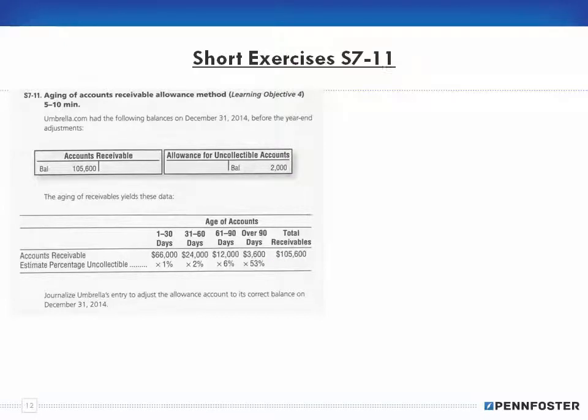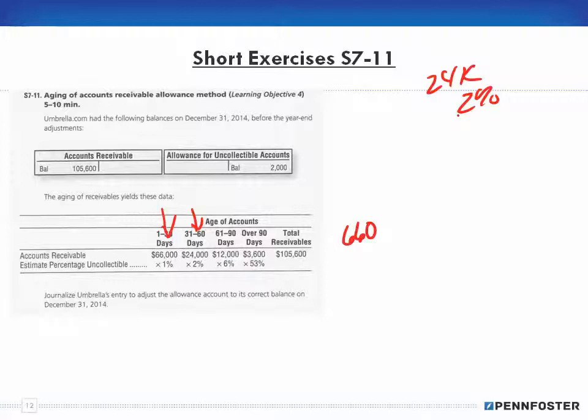All right, so we're going to take our 1 to 30 days, which is 66,000 at 1%. So 66,000 times 1% is $660. I am going to just list these over here and do the math. Then for the 31 to 60 days, I have 24,000 at 2%.